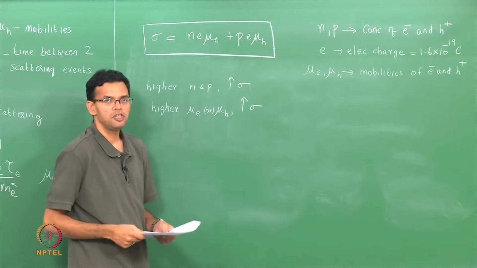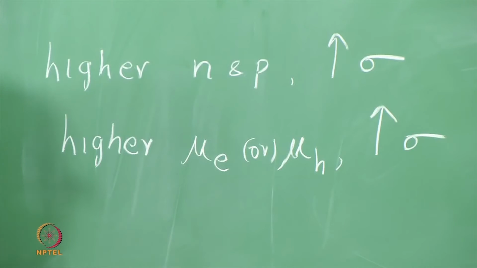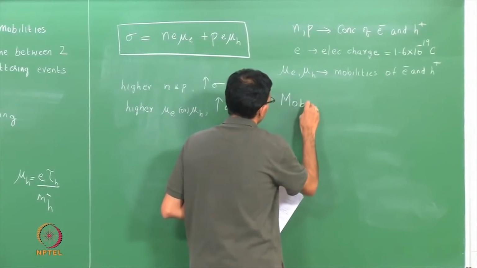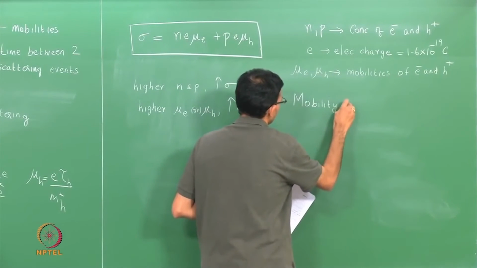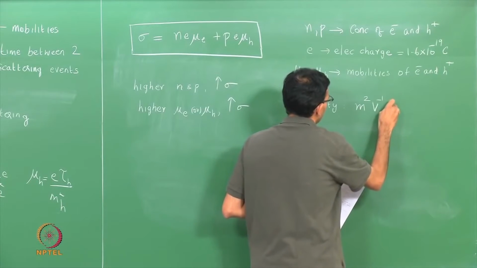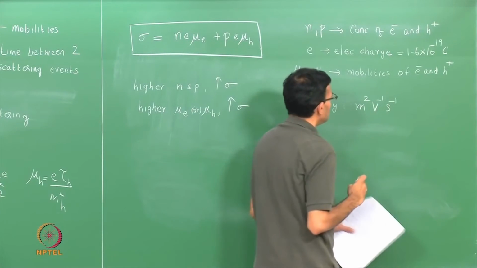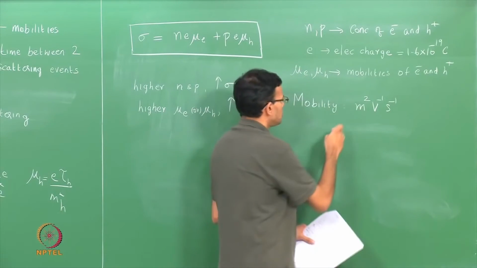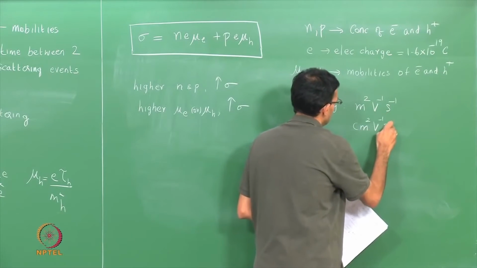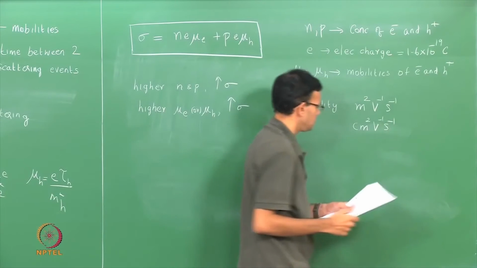The typical units for mobility are meter square per volt per second. You will also find that some books give values in centimeter square per volt per second.